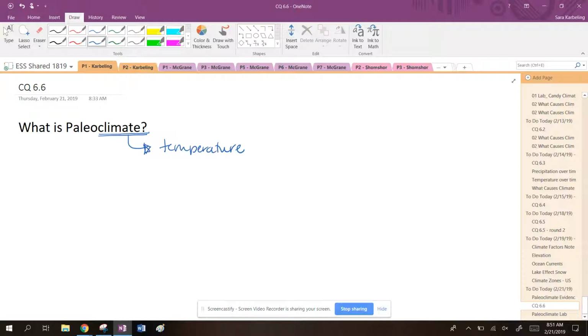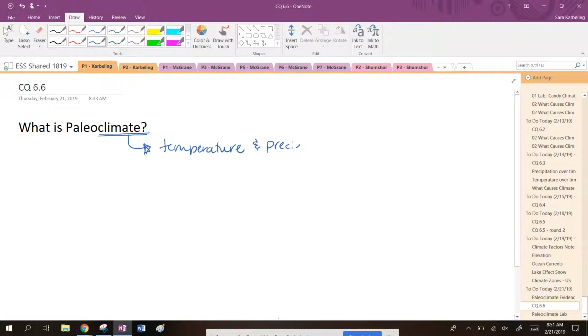Temperatures and precipitation. Come on. Precipitation. There we go. Temperatures and precipitation, but it's not just in one day. What did you say? Yeah.